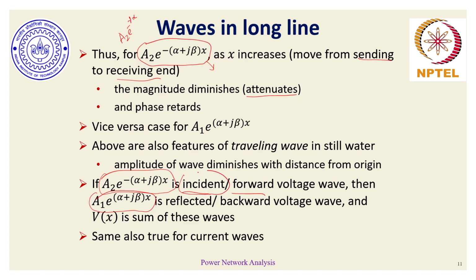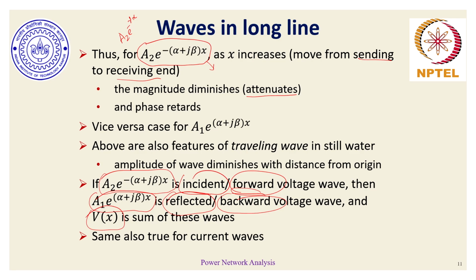Incident and reflected waves, these terminologies, become very common in lightning analysis of transmission networks, whereas forward and backward waves are also pretty common, but often they are not used. I mean, they are used in context of lossless phenomena, but not often used in context of DC fault analysis and so on.